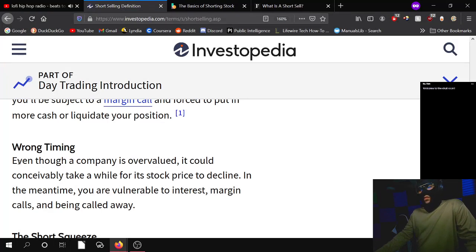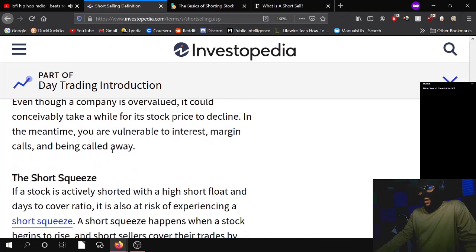Even though a company is overvalued, it could conceivably take a while for its stock price to decline. In the meantime, you are vulnerable to interest, margin calls, and being called away.